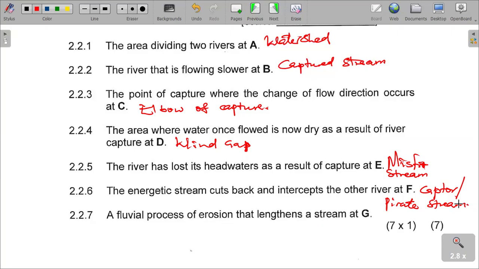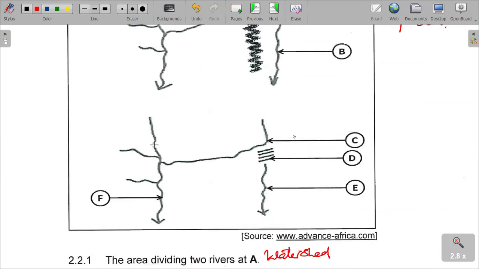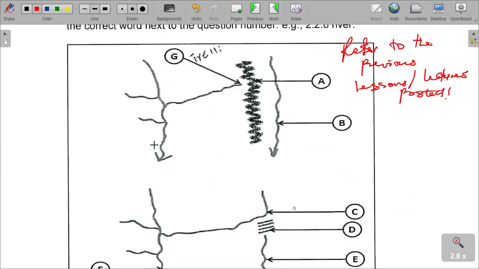Number 7, a fluvial process of erosion that lengthens at G. You know, Musa, that when we look at G, the process whereby it adjusts towards the source, this adjustment that is taking place at G here, is called headward erosion.